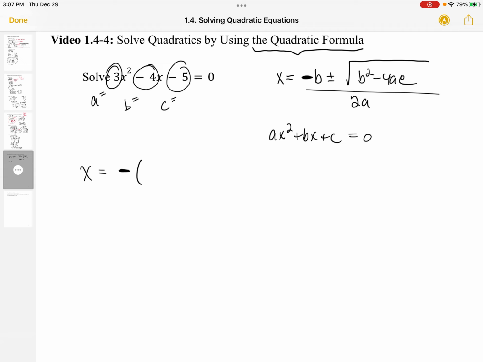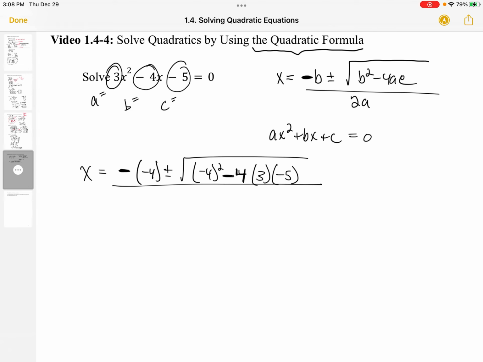So negative 4 plus or minus the square root of negative 4 squared minus 4. So this minus and this 4 coming from the formula. A in this case is 3, c in this case is negative 5, all over 2 times a, which in this case is 3.